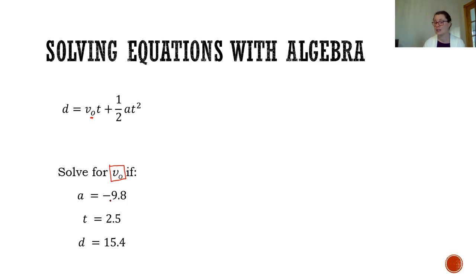We have A is negative 9.8. Some of you might notice that is the acceleration due to gravity. T is 2.5 and D is 15.4. And we want to figure out this V, which is a speed. So to do this question, we're going to substitute all of our information in.